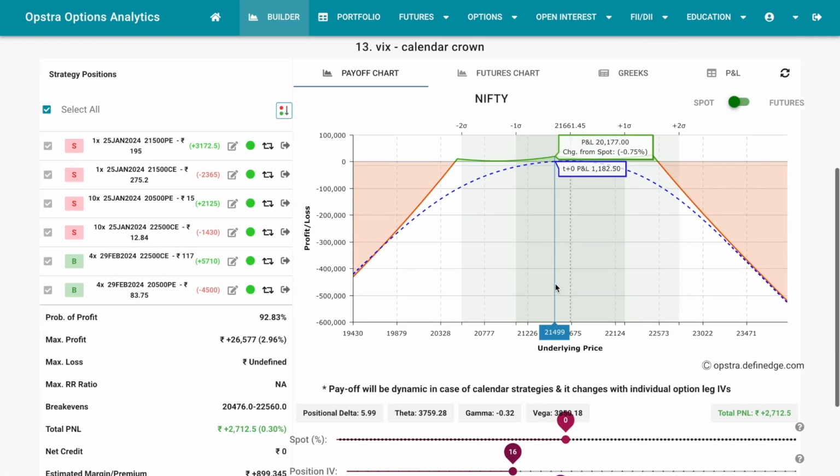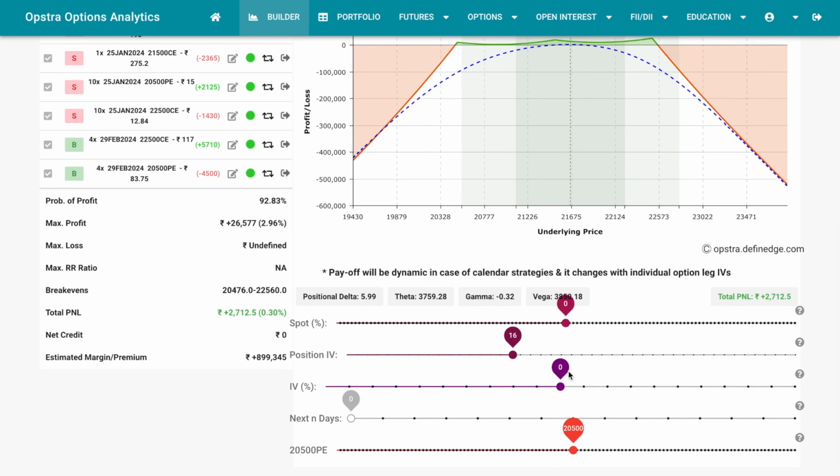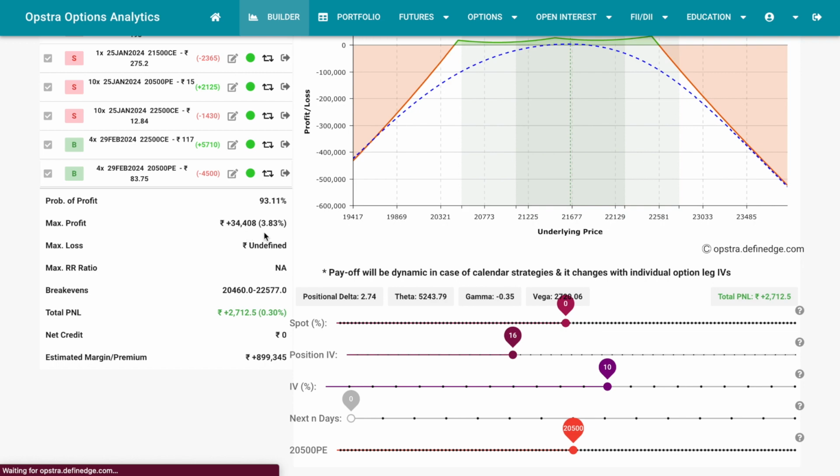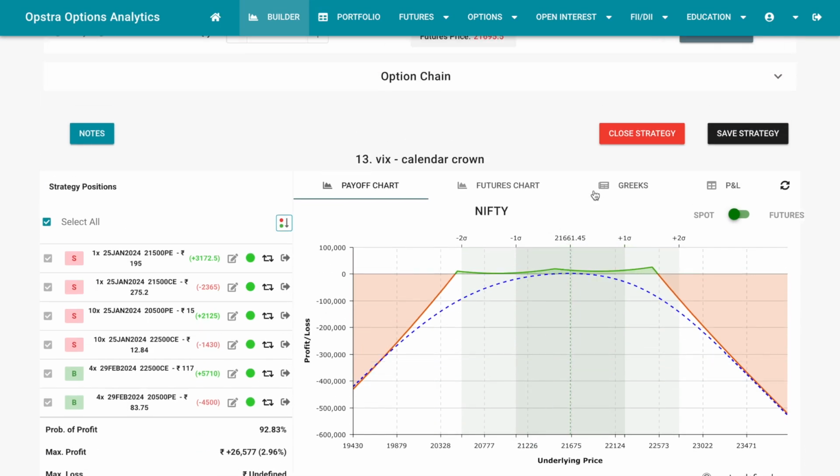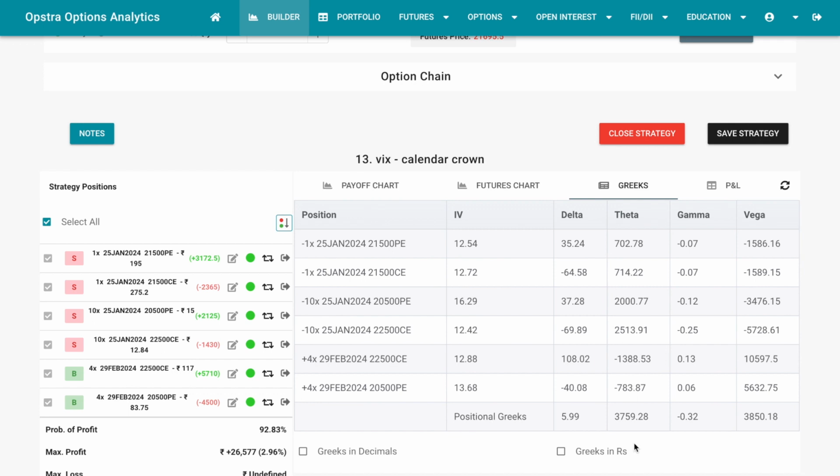Okay. Now if the VIX rises, positional IV, VIX rises, what will happen? Actually, our profits will increase. So that is a very good aspect. Because VIX rising, the profits are increasing, and if you check Greeks, it is theta negative and Vega positive. But that is the kind of strategy we need.